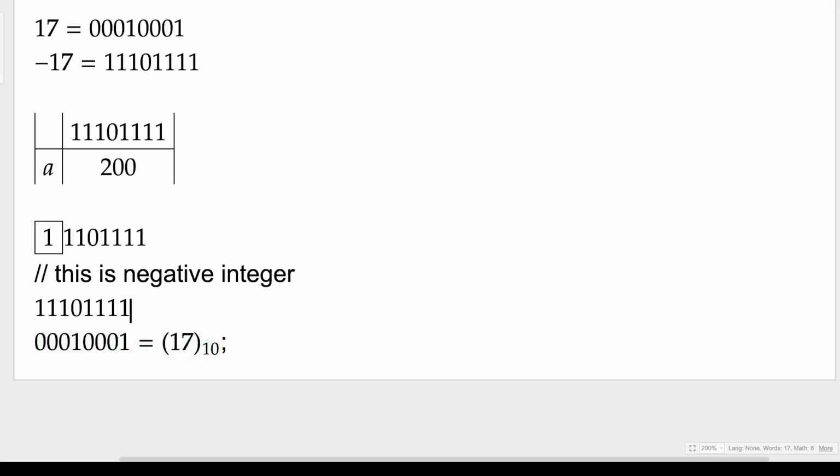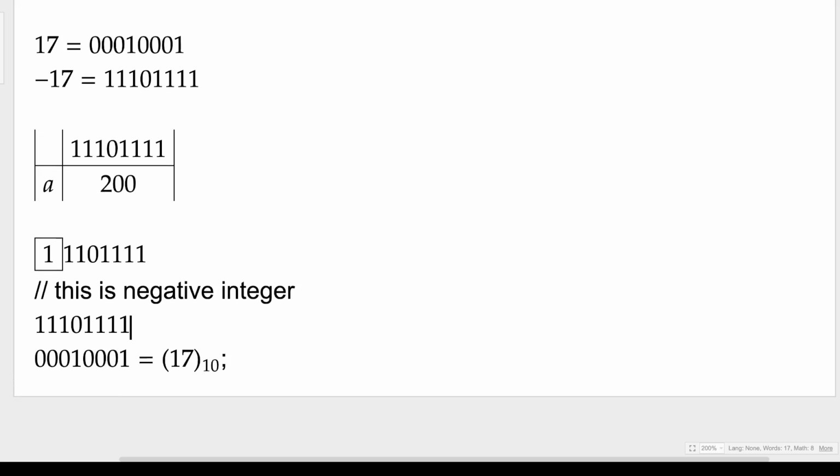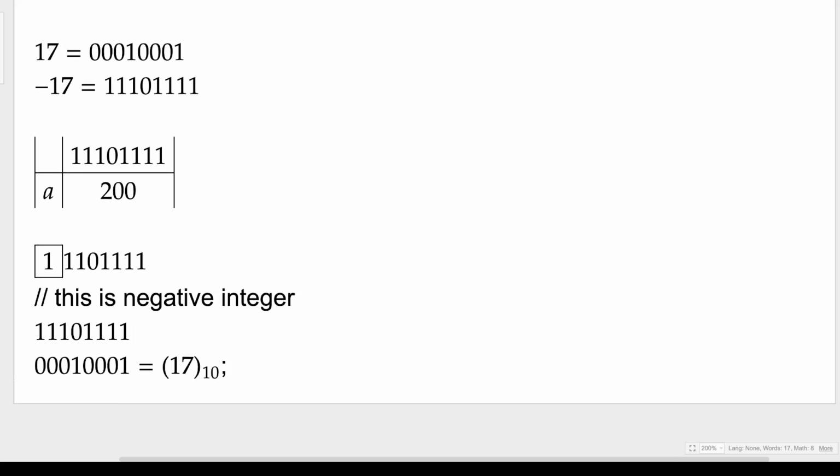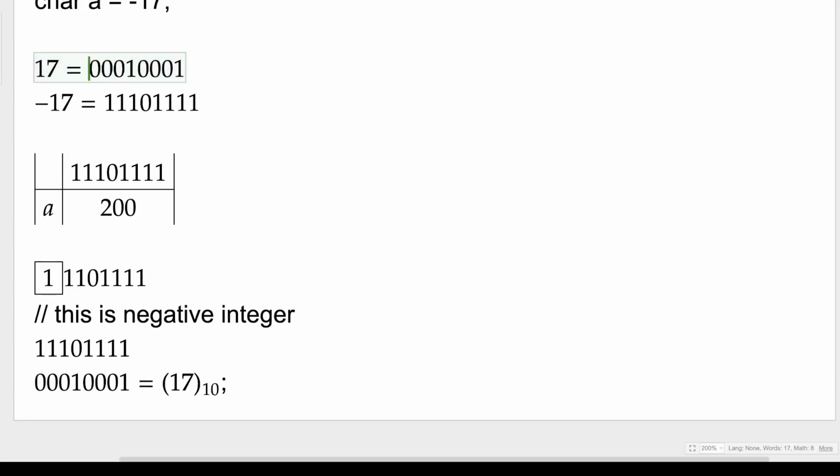So what did we understand? In order to store or to represent a negative number, you take the magnitude of the number and you convert it into binary. Once you have the binary, if you observe here, at this point this is the binary of positive 17. Now this one you have to represent in negative. So negative integers are stored using 2's complement form.